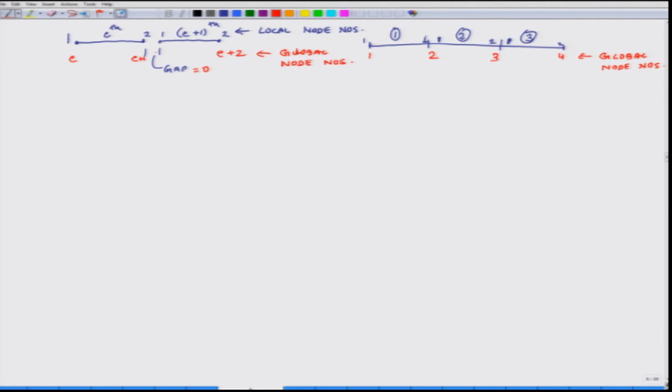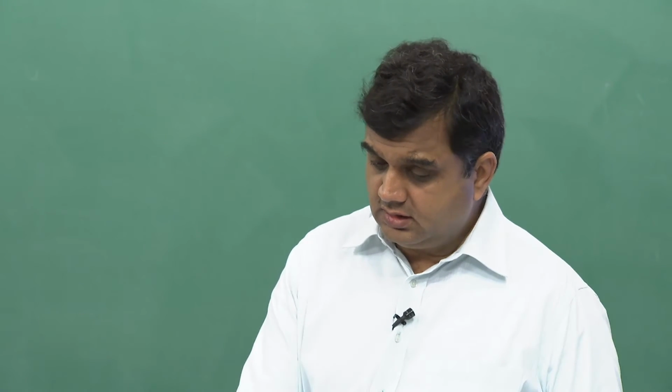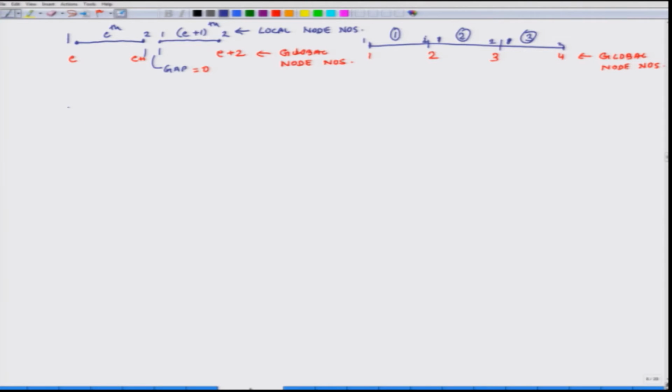Now, if the gap is 0 and the two nodes are fused, then what does that mean? That the displacement of the eth element at the second node is the same as the displacement of the E plus 1th element at the first node, and this is equal to U E plus 1.